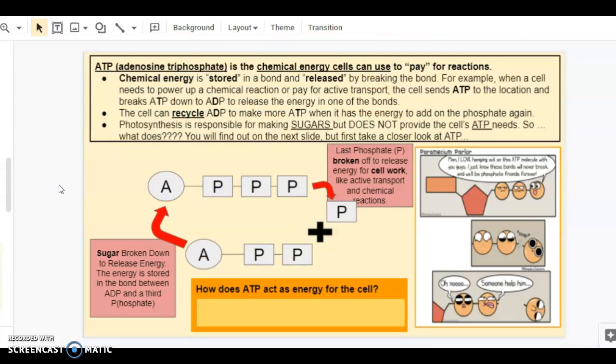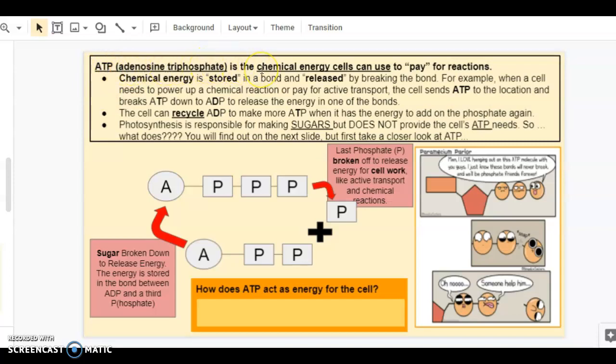It doesn't quite solve all of the energy problem, however, because sugars can be used to create energy for the cell. But the energy that the cell uses is actually a much smaller, different chemical called ATP, adenosine triphosphate.